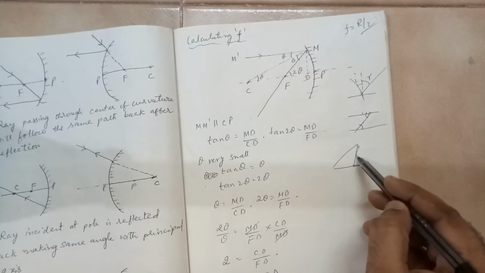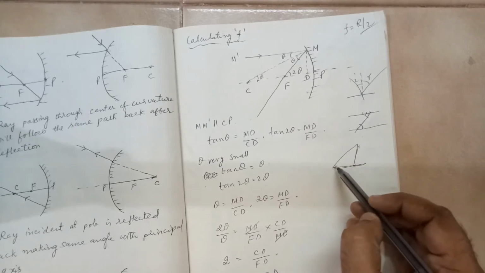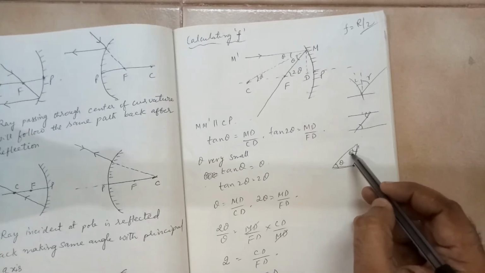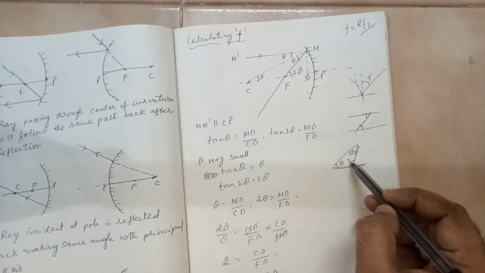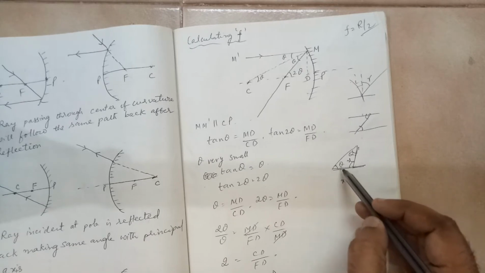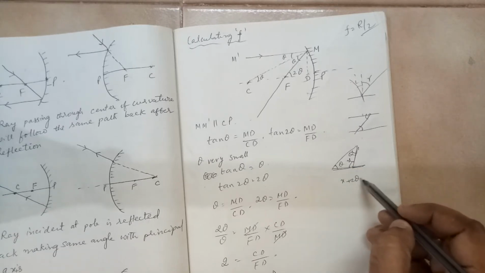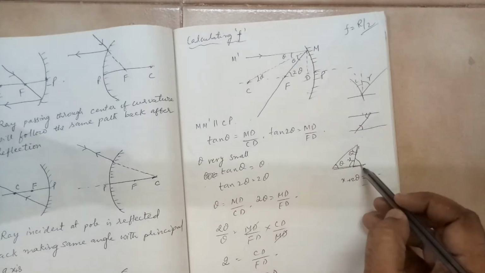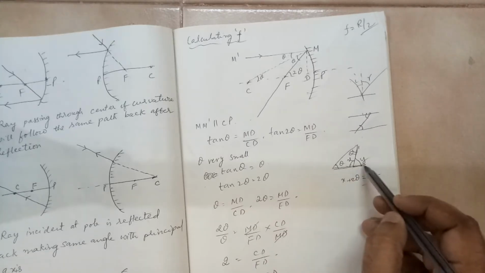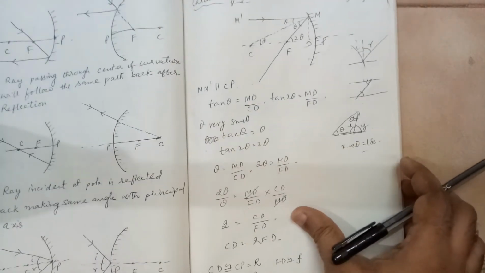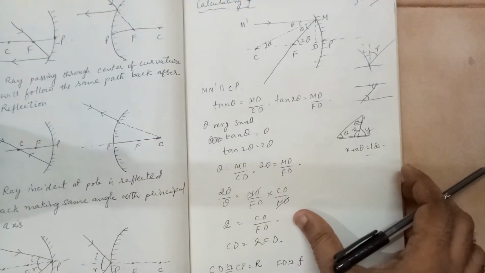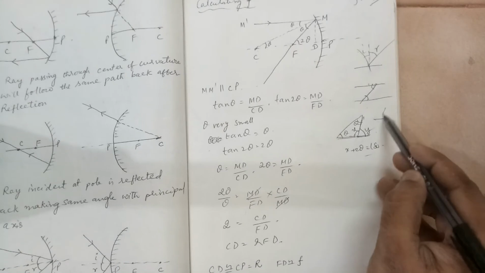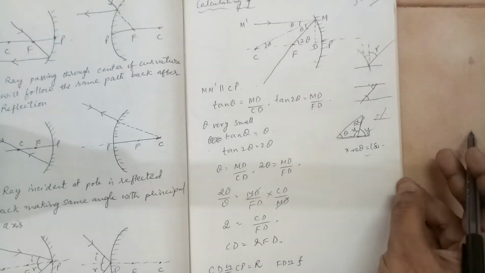This is an exterior angle. This is theta, this is theta. Let us say this is x. So x plus theta plus theta, 2 theta, is equal to 180, right? Let us say this is y. Even these two angles, I think they are supplementary angles. You have a line like this, you add these two angles, it will be 180.